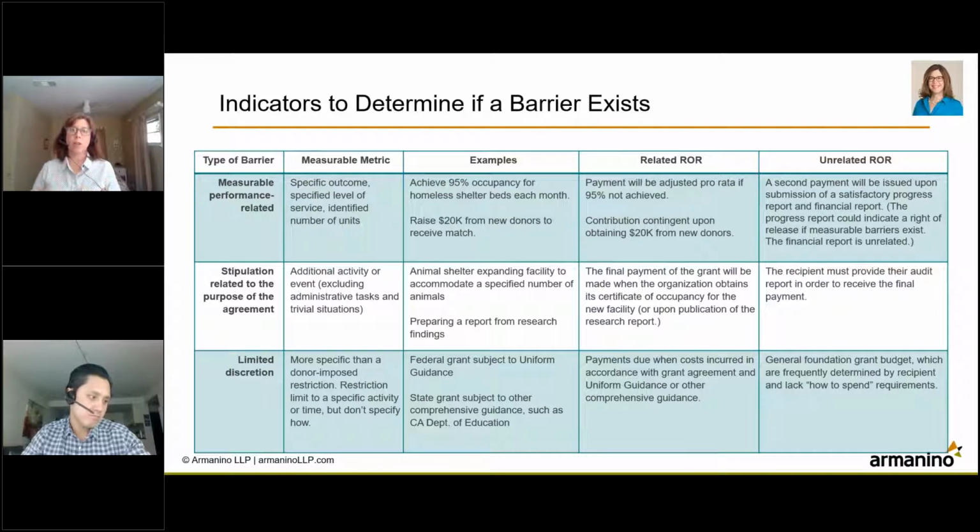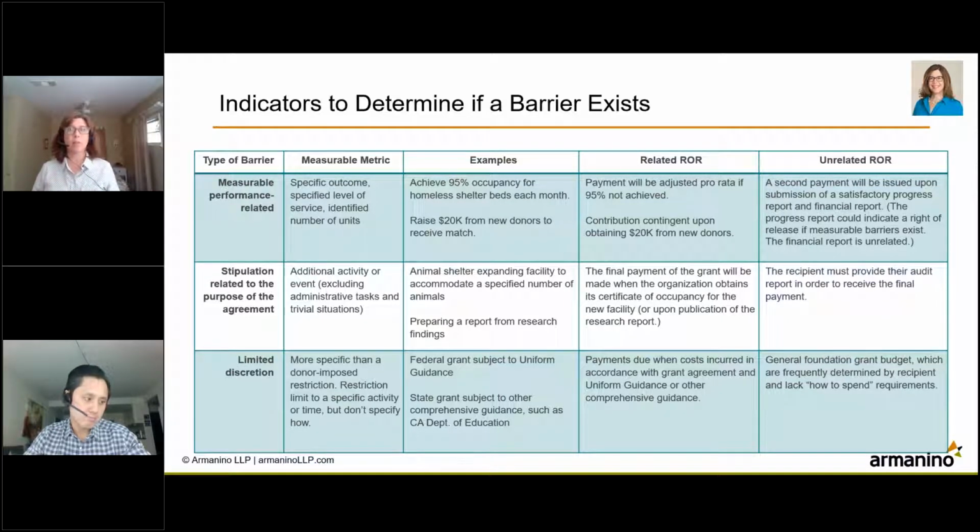So some examples here would be if it's a federal grant subject to uniform guidance. Those of you who receive federal grants, you know how lengthy, how complex the uniform guidance is, how much compliance is involved. There's really restrictions on it.